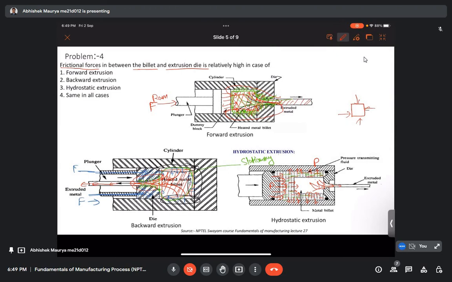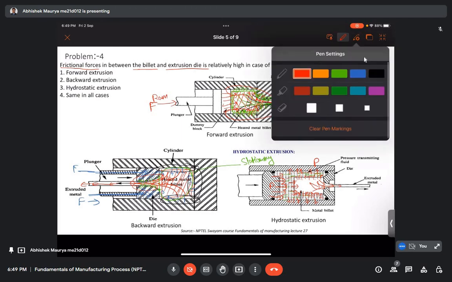And we know the friction between fluid and the die is the reason for the friction between billet and the die. Basically, friction forces between the fluid and the billet are very small in comparison to the friction between billet and die.